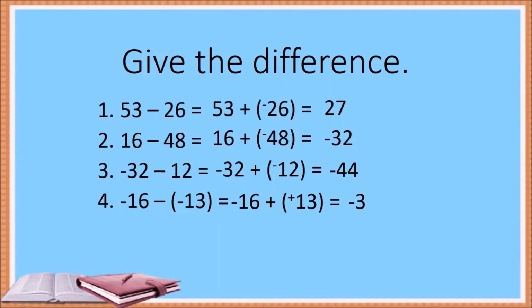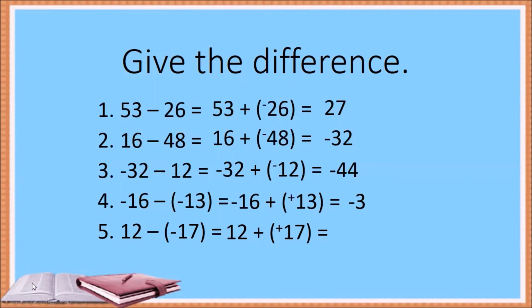Next, last example, 12 minus negative 17. So, kopyahin natin si minuend, which is 12. Then, the plus, kasi add its additive inverse. And additive inverse of negative 17 ay positive 17. Kaya careful po tayo.